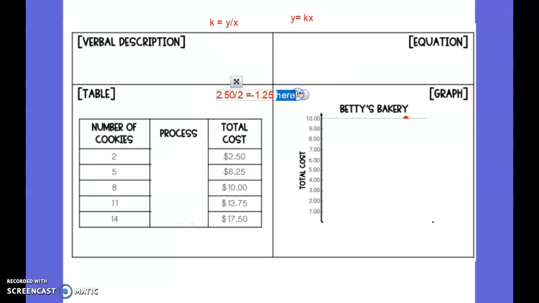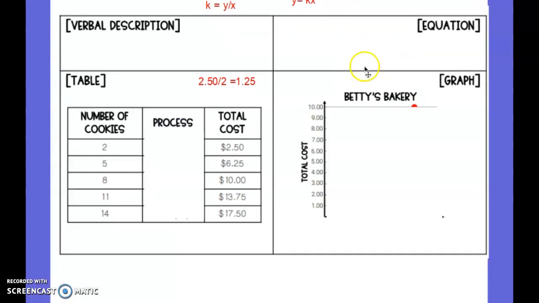Which means my k is $1.25. So k equals $1.25. So now I'm able to write y equals 1.25x, and that's my equation.